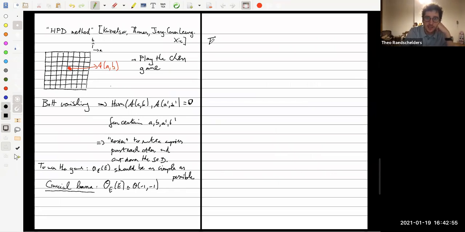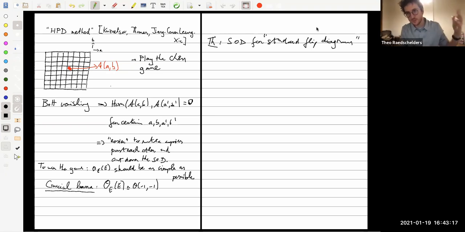So the main theorem really is an SOD for standard flip diagrams, where a standard flip diagram is basically what I said before. We have this diagram with these blow-ups, projective bundles, and normal bundles, which are degree -1 in the fibers.